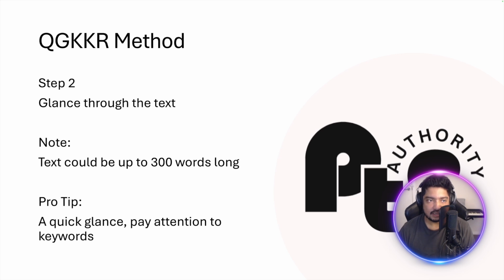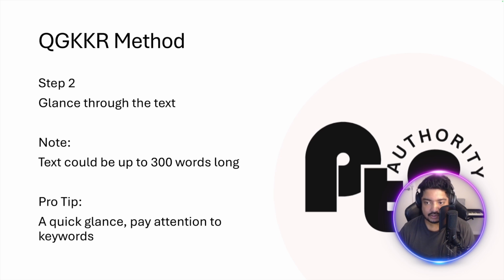Step 2 is to glance through the text. G stands for glance. This does not mean you have to read the text thoroughly at this stage. The main intention is to have a quick glance, a quick read through the text on the left. Pay attention to keywords. That's important. Pay attention to the main things that are being told in the text.